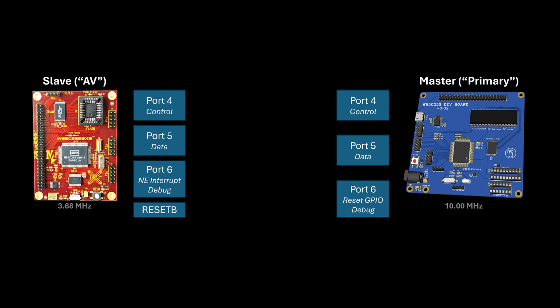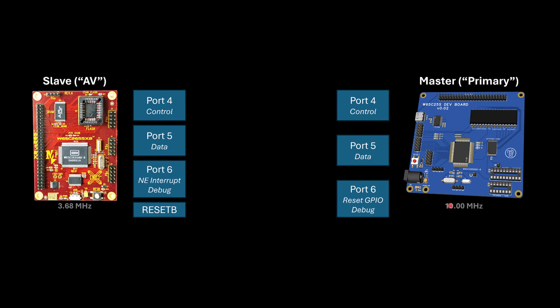It's going to be my AV coprocessor on my next PCB, hopefully. So I'm going to take one of these pins off of port 6, and use that to connect to the reset pin on this header up here, so that I can control its reset state from the primary board.